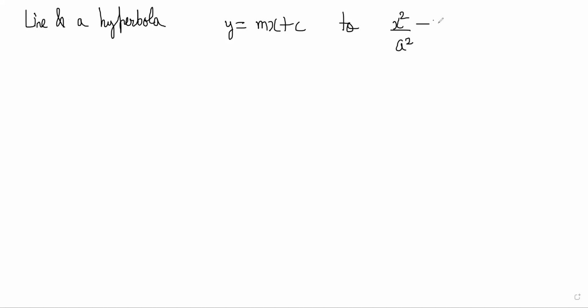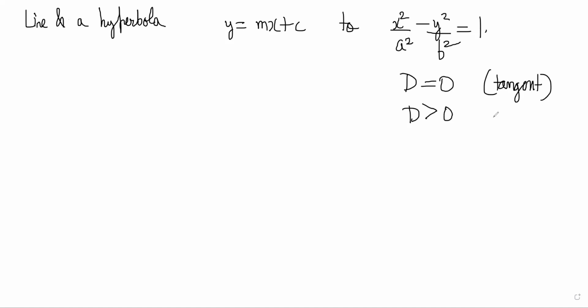Those things are obvious. You just solve the line and the hyperbola and take the conditions on the discriminant. Discriminant is 0, it is tangent. If it is greater than 0, it is intersection, and less than 0, then no intersection.